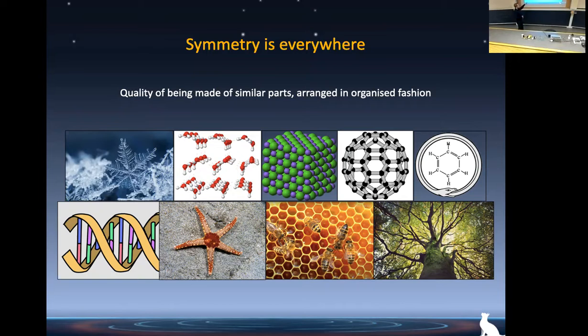Then in the second line, we have examples that need little introduction: the DNA with the helical symmetry, then examples of symmetries in animals, in nature, the bilateral symmetry that we were mentioning before, like for us humans, dogs, cats, horses, most of the animals, including bees, and also the hexagonal symmetry of the honeycomb, which maximizes the use of space, but minimizes the need of wasps to construct the honeycomb.